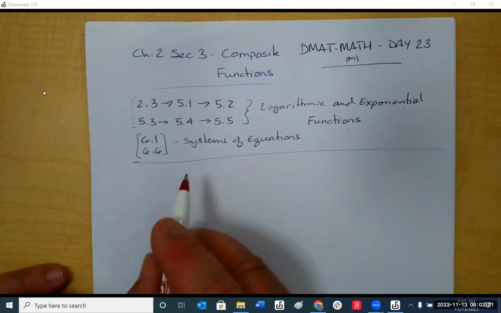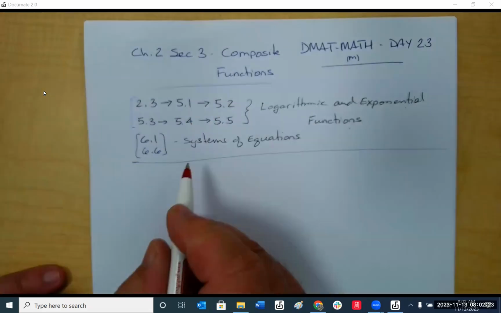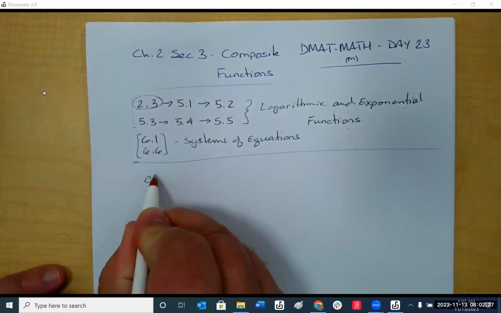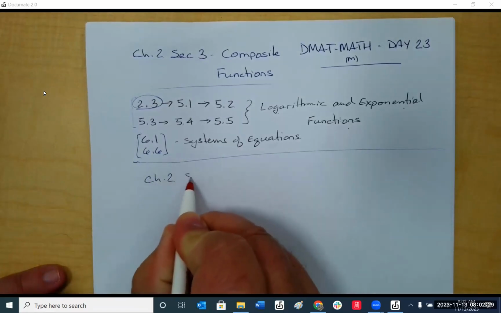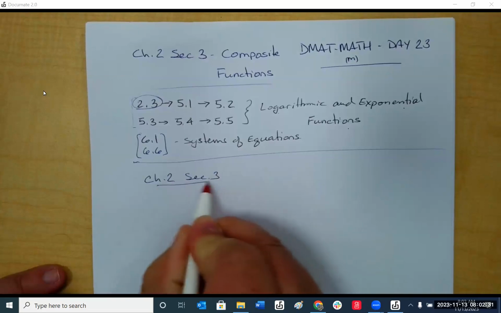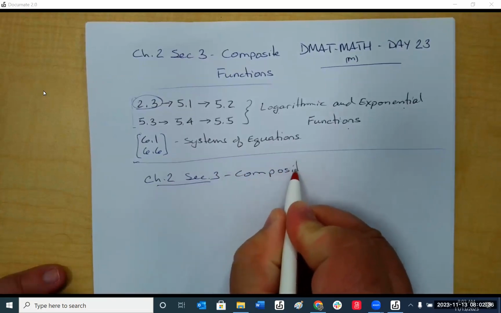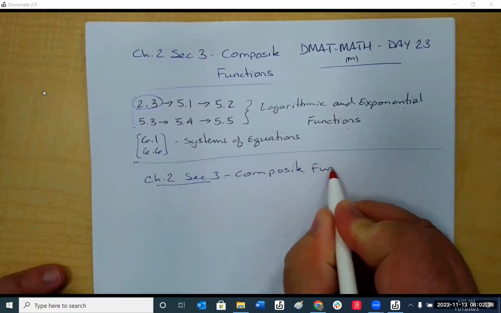So, to begin with, let's review chapter 2, section 3. Composite functions.